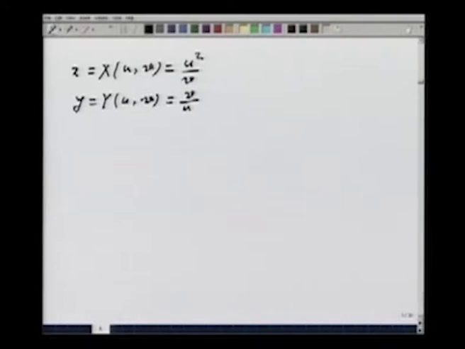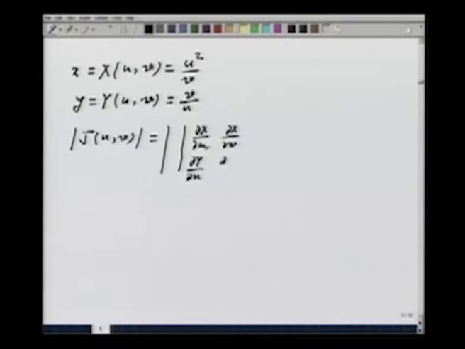Once I know this, I can calculate the Jacobian, that is the first thing. So mod J of uv is the modulus of the determinant of del x del u, del x del v, del y del u, del y del v.